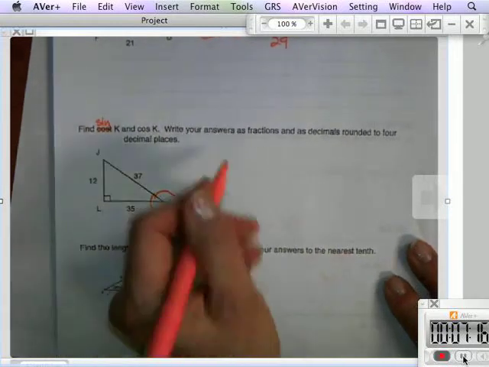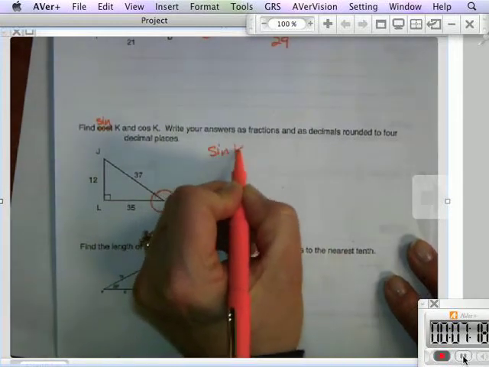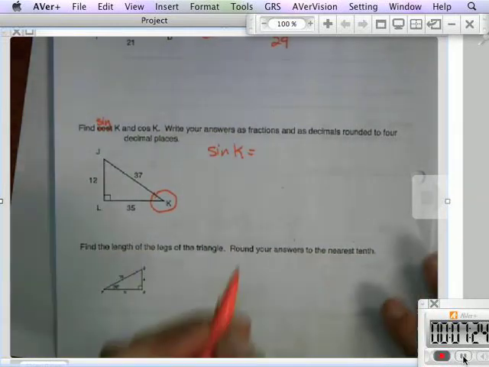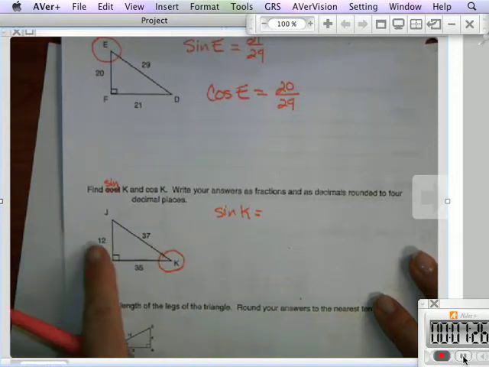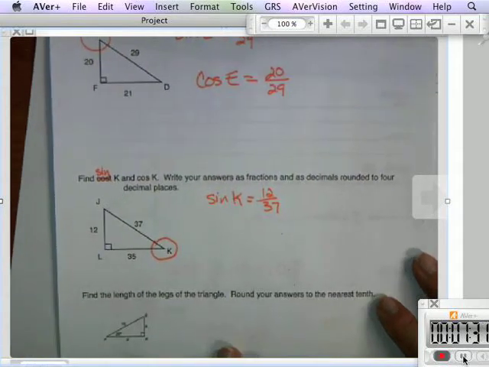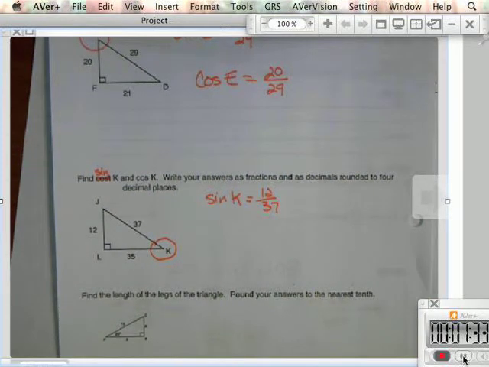So the sine of k is the SOH, S-O-H, equals what over what? Opposite over hypotenuse. 12 over 37. There's the fraction. All right. Now I've got to make it a decimal.